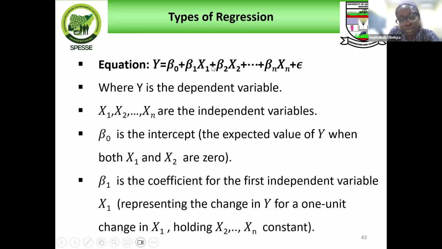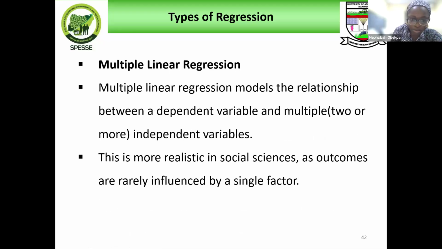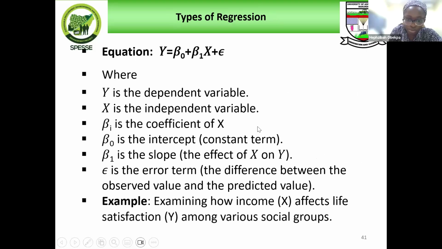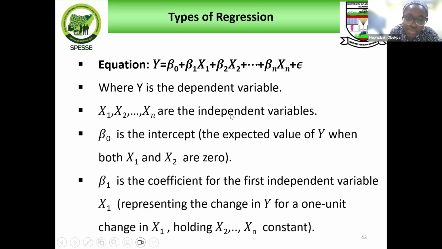Now in multiple linear regression, one thing we need to know, for example, maybe in your work, let me go back to this example. Let's assume that you want to determine the effect of income on life satisfaction.